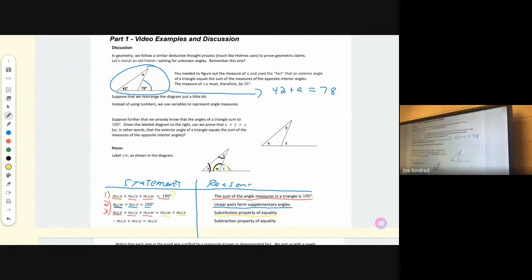It hinges from up here. Since this right here is equal to 180, and this statement right here is equal to 180, we can set these two equal to each other.